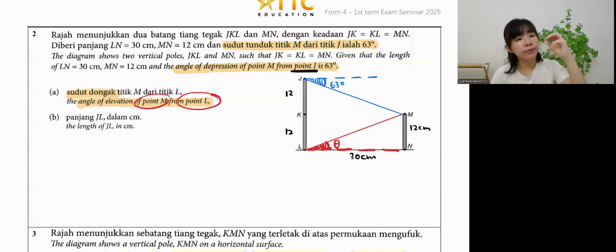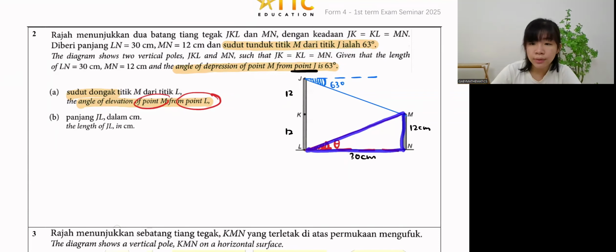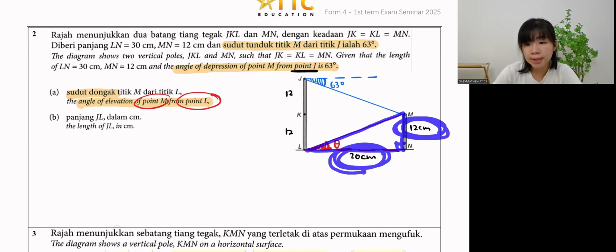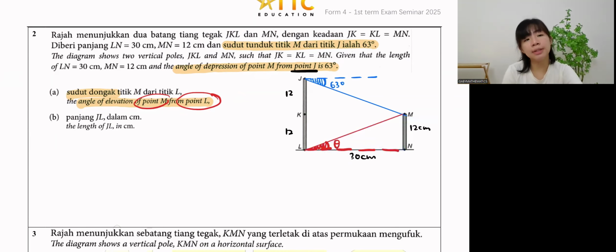Question A, I want us to find this angle. So every time if you want to find angle or find anything, you need two information. Do we have two information? I have 12 cm. I have 30 cm. Can we find angle? Yes. Now you have to decide, use sine, cos, or tangent. So it is a right angle triangle.